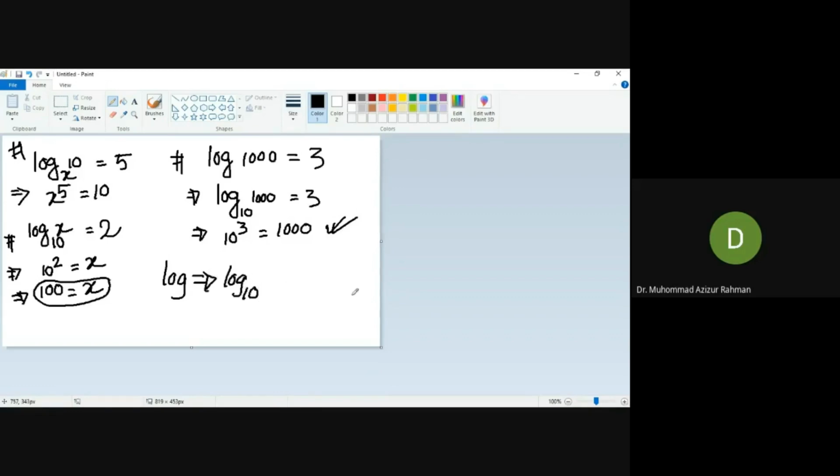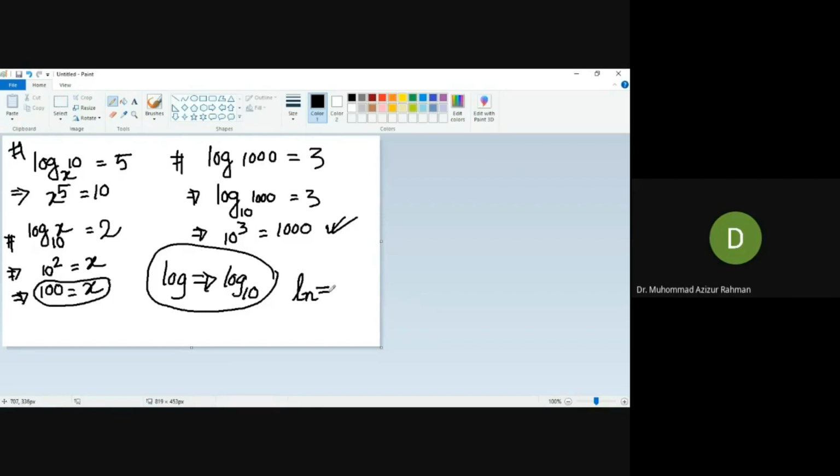And we have something else. If we know ln, ln means log base e. So these two terms you must remember always. Do not confuse log and ln.